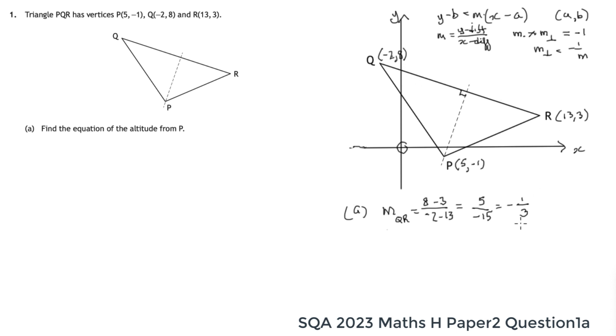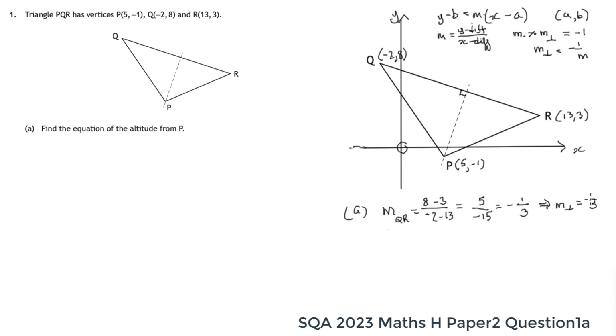That looks okay. So what does that mean for the gradient of a line that's perpendicular to that? Well, that implies that a perpendicular gradient, using this result up here, would be turn this upside down. So instead of 1 over 3, we get 3 over 1, and then change the sign.